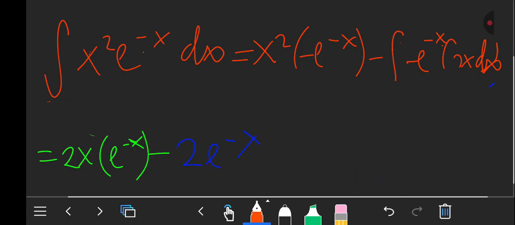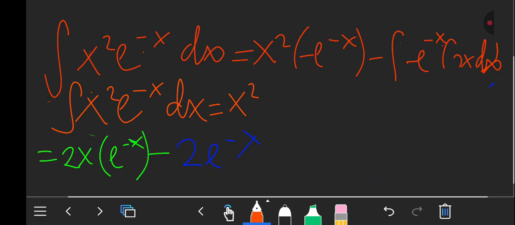So what I'm going to have, the integral of x squared e to the power negative x dx, will now be equal to x squared, then negative e to the power negative x, like that, minus, when we integrated that, it gave us this.